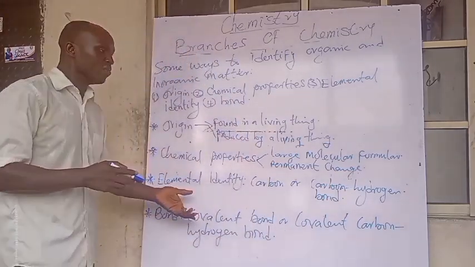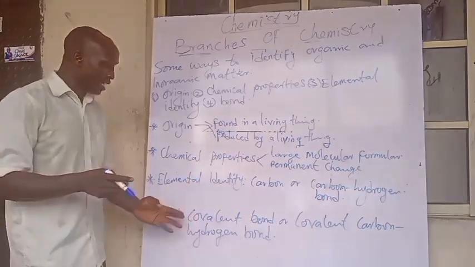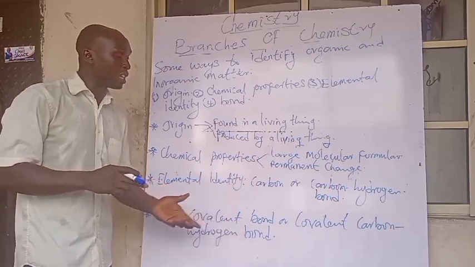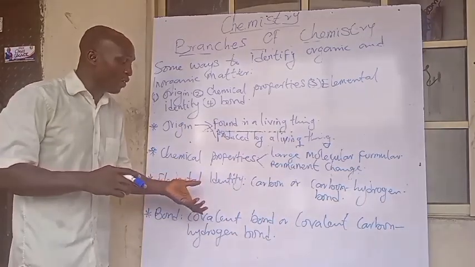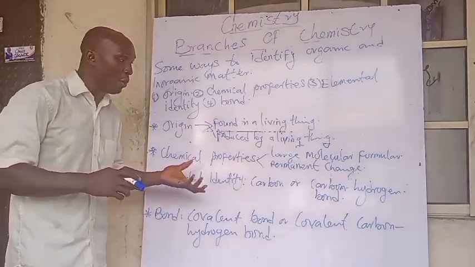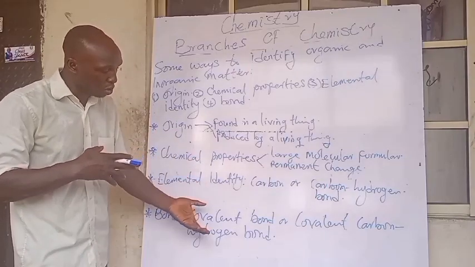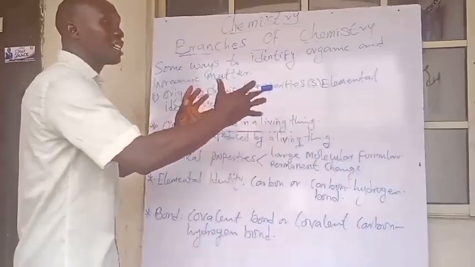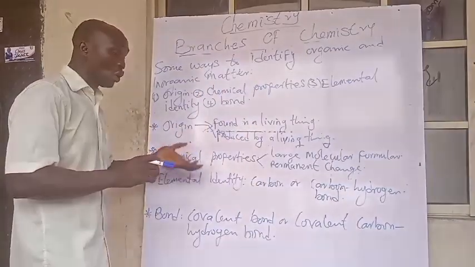You can see clearly that I can give you an example of an organic compound, and also show you this covalent bond. In an inorganic compound, you don't have a covalent bond.